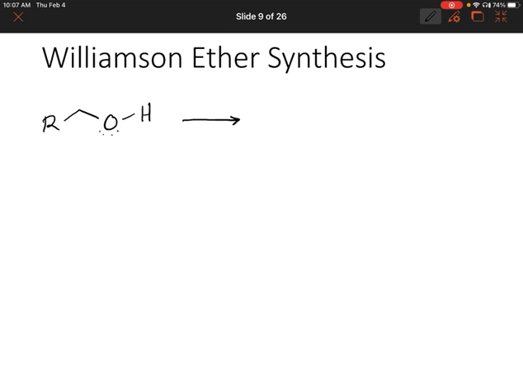And then we're going to use sodium hydride. And the hydride is going to come in and deprotonate the oxygen.